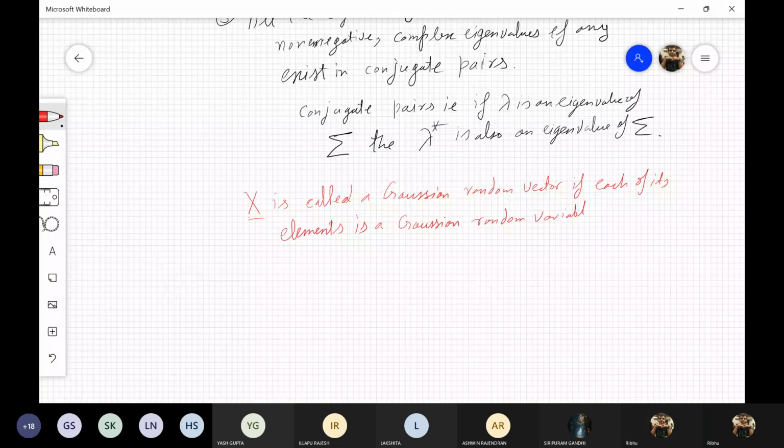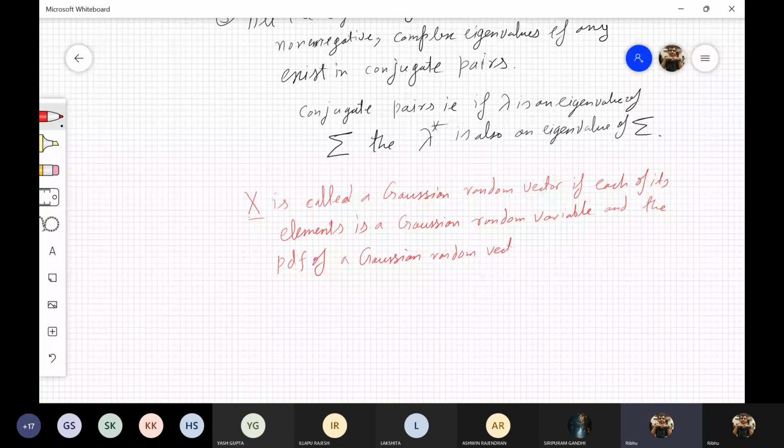And the PDF of a Gaussian random vector x with a mean mu and covariance matrix sigma is as follows.